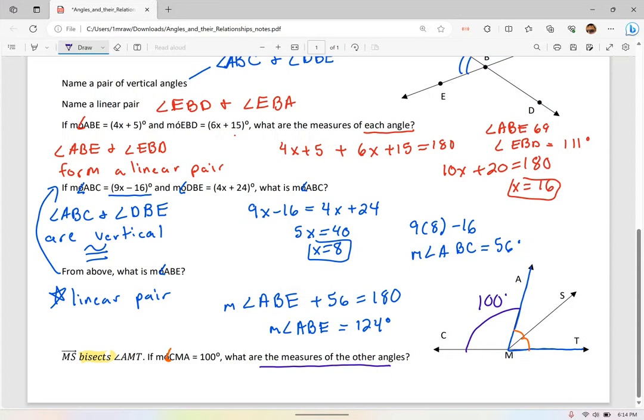If that's 100 degrees, then angle CMA and angle AMT form a linear pair. That means they're supplementary, so this whole angle here must be 80 degrees, because 100 plus 80 is 180. Since MS bisects the angle, we take 80 and divide it by 2 to get 40.